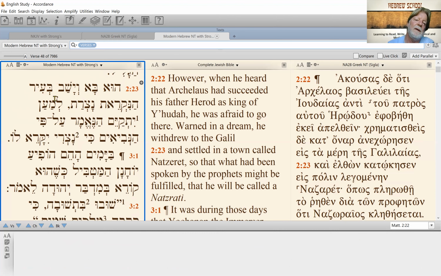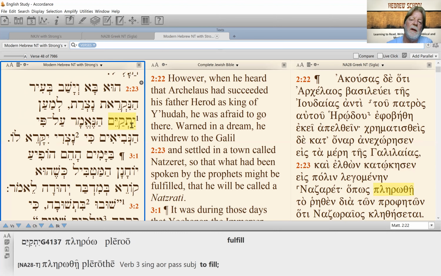Lema'an, in order to, Yit Kayam, and here again we have the word Kayam, which means to stand. So their living there in Nazareth would cause a fulfillment of a prophecy.